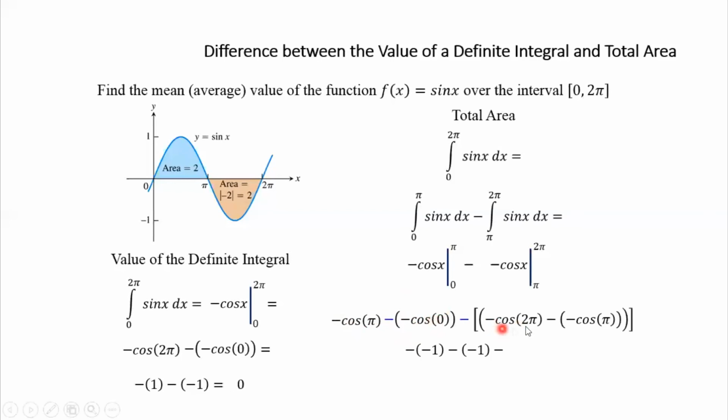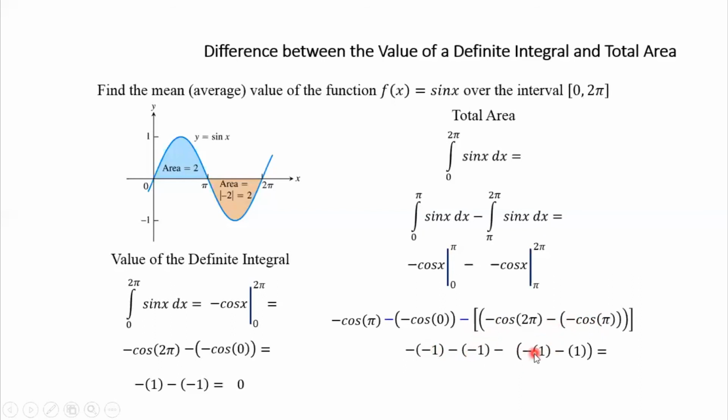So we only consider this part here. So negative cosine 2 pi, the value of cosine 2 pi is what? It's 1, right? But there is a negative here, so that's why we have negative 1. And cosine pi, the answer of cosine pi is negative 1 times negative, it's positive, and times negative, you have negative 1.